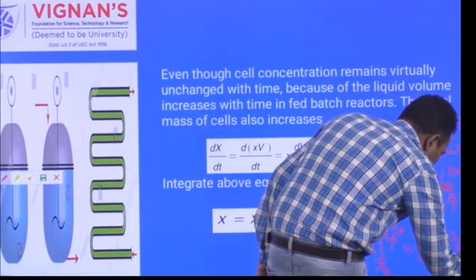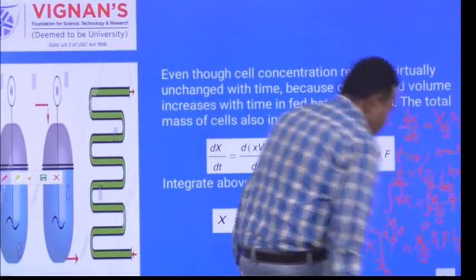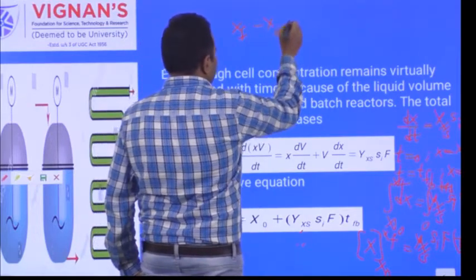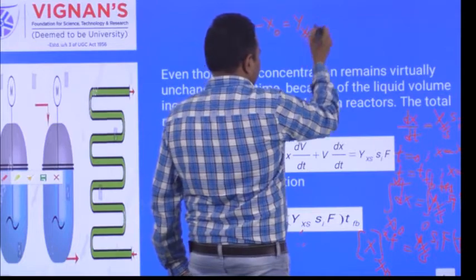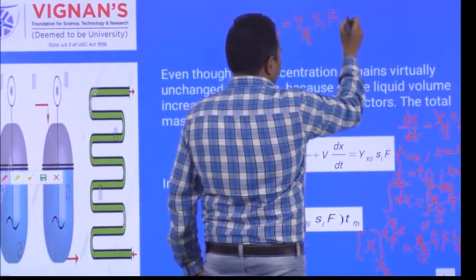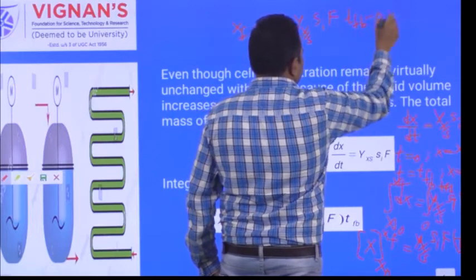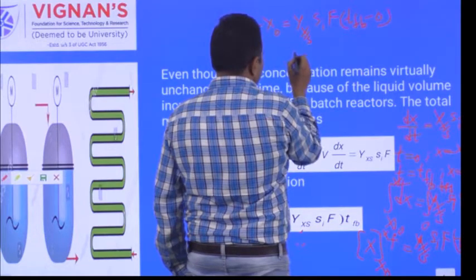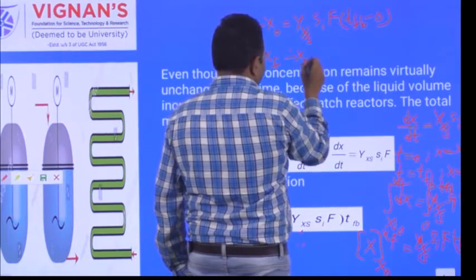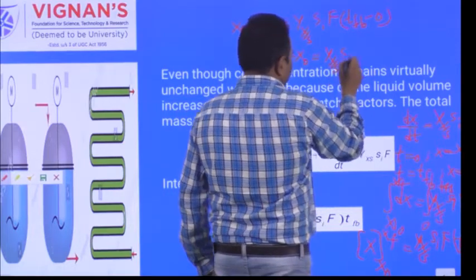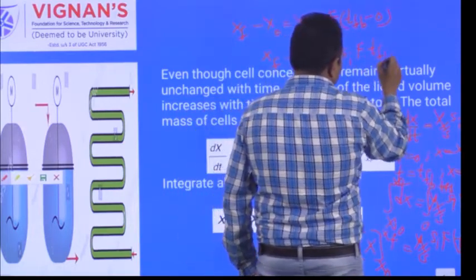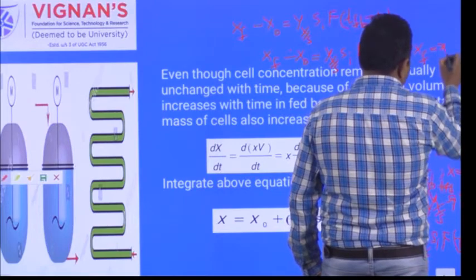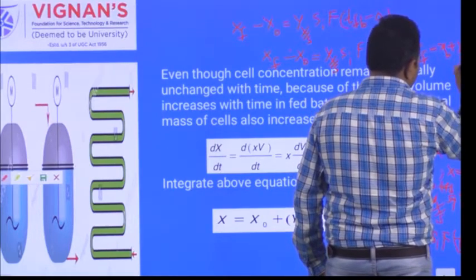Only dt goes from 0 to tb. On the left-hand side, substitute the upper limit xf minus the lower limit x0. On the right-hand side, Yx/s times Si times F times tb minus 0. So you can write xf minus x0 equals Yx/s Si F times tb.